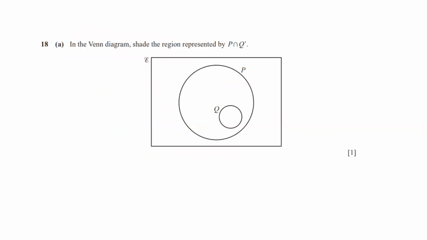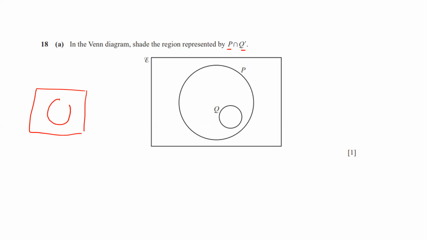Then question number 18, it says in the Venn diagram, shade the region represented by P intersection Q dash. Let me draw this for you.